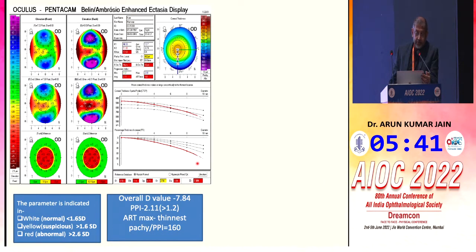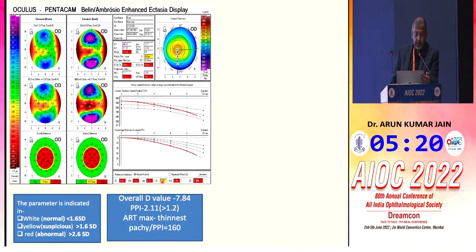And this is another patient, which shows what to look for on this enhanced Belin-Ambrosio map. So you have these values also. These are the elevations. These 5 values, when they are in white, are within 1.6 standard deviation.